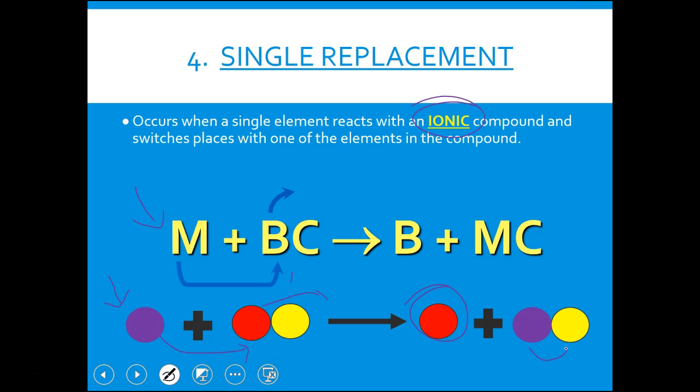Now, don't think about homophobic in a sexual way, because I want you to understand that when we talk about homo, it means the same. Ionic bonds are made of cations and anions. They're opposites. So opposites always want to be with opposites because likes repel.